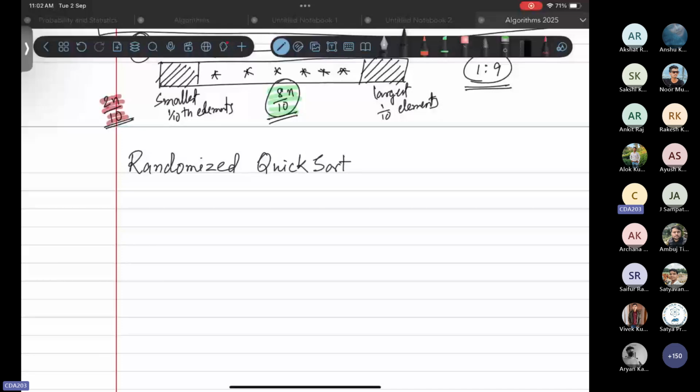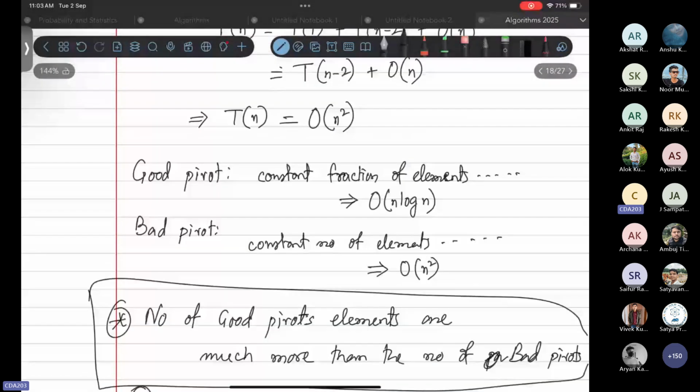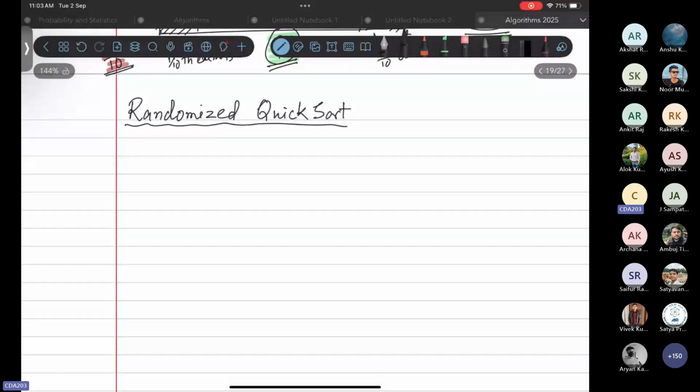So in practice, what we use is not the variation of quicksort that I told you earlier, taking the first element as pivot. In practice, we always use a randomized quicksort. And what is the change there?